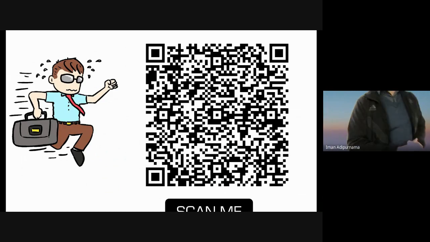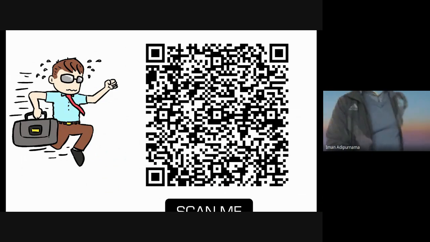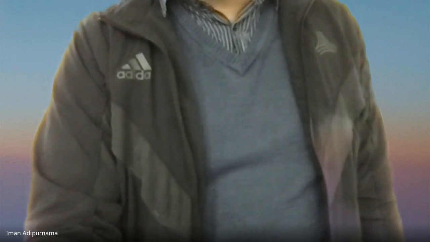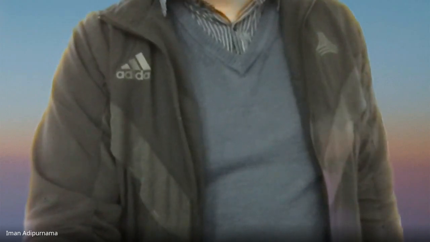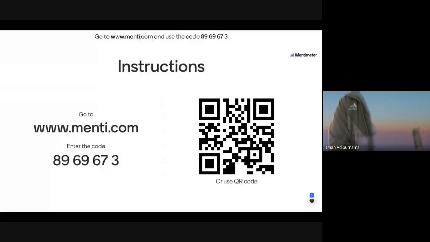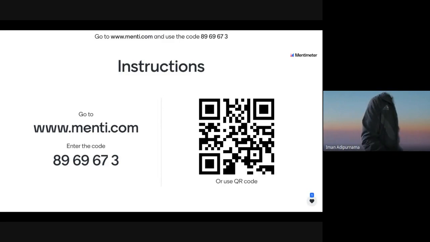If you haven't scanned the QR code, scan the QR code and we will have our feedback.